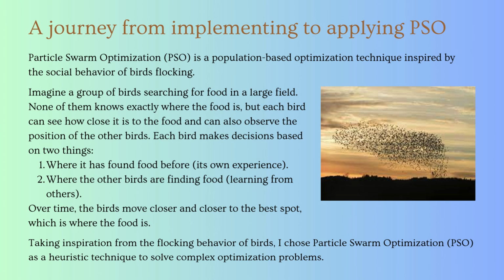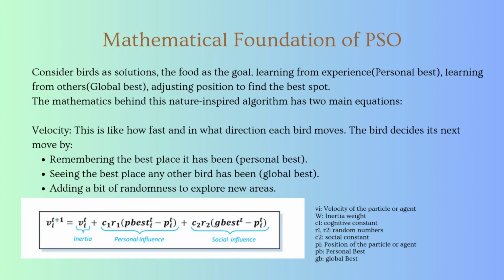The birds communicate with each other and find the optimal solution, which here is finding the food. So taking the inspiration from the flocking behavior of birds, I have chosen particle swarm optimization as a heuristic technique to solve complex optimization problems.